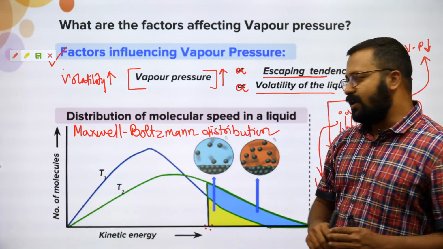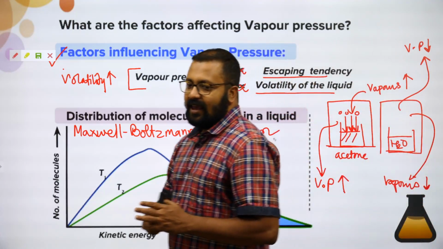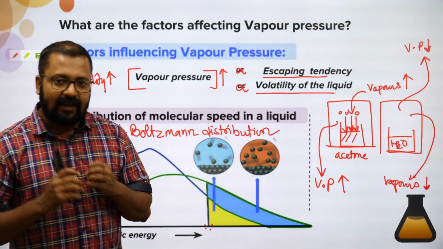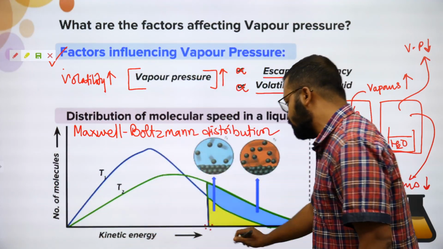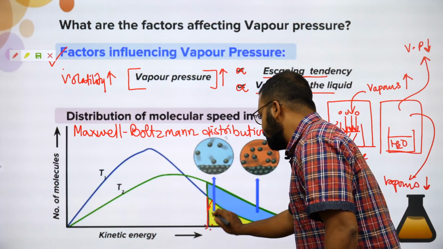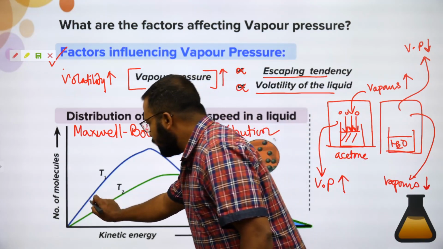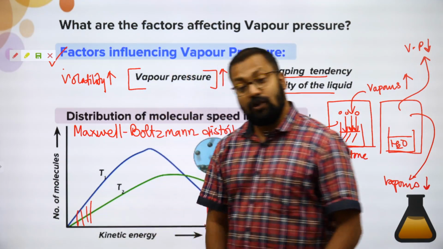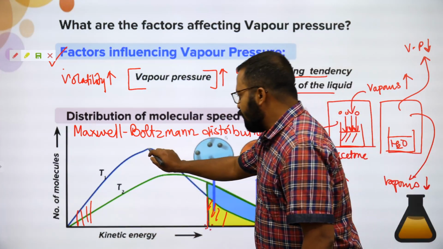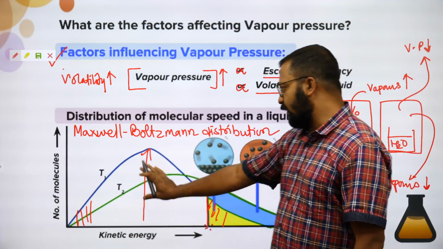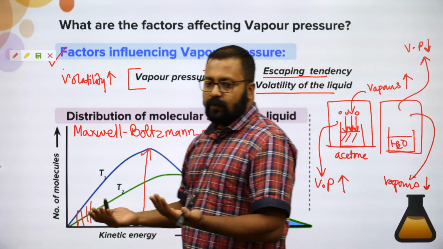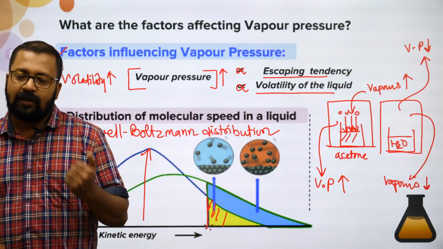Now, the Maxwell-Boltzmann distribution says that at a given temperature, the number of molecules which have very high energy is very low, and the number of molecules which have very low energy is also very low. The maximum number of molecules will have average energy, somewhere in between. You can see this in a normal scenario too.